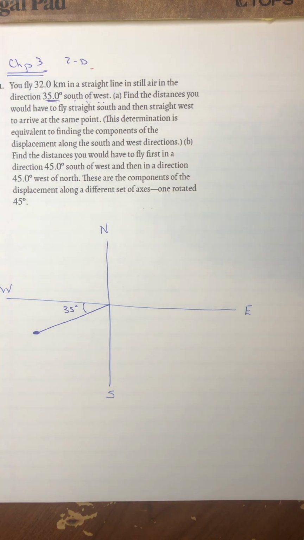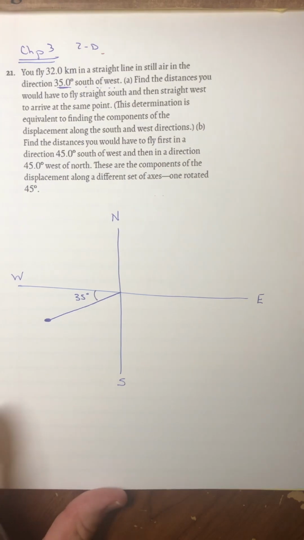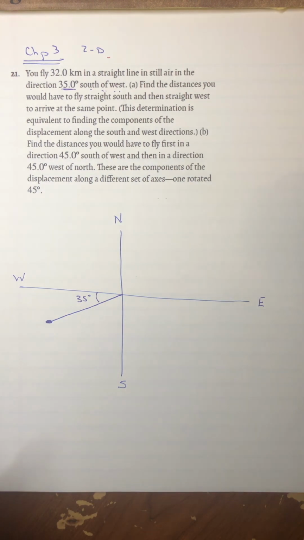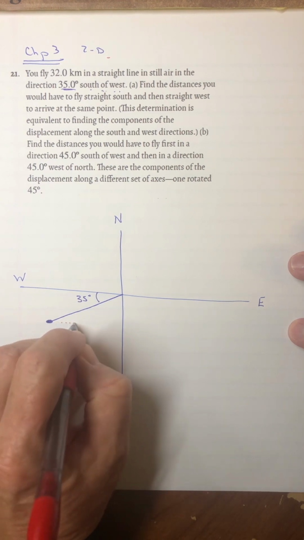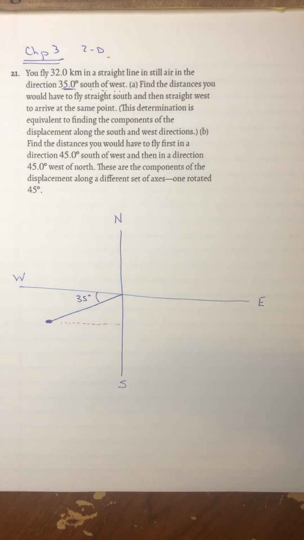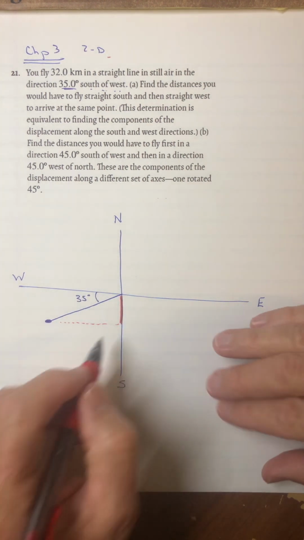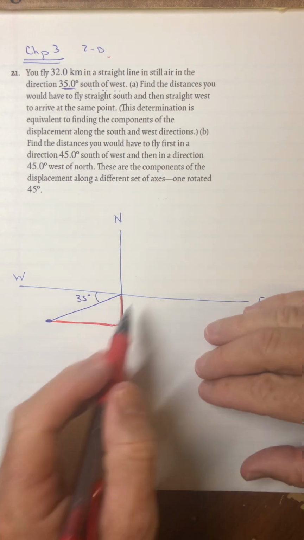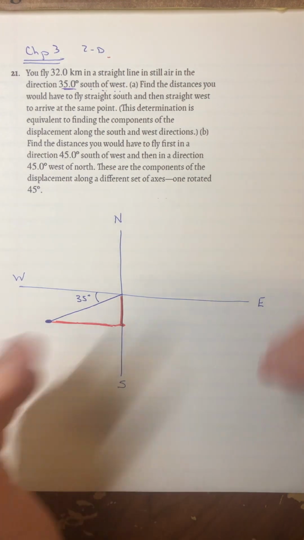So, in other words, what we're trying to say, to set you up for success in these next quite a few chapters, maybe the next 7 chapters, is that we can think of this motion, even though it's one straight motion, as equivalent to going south and then going west. And so this one motion can be thought of as 2 separate independent motions, which are referred to as the components.